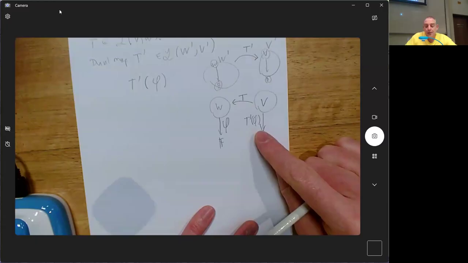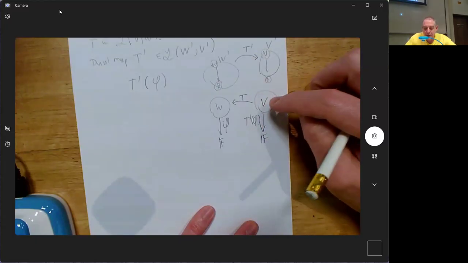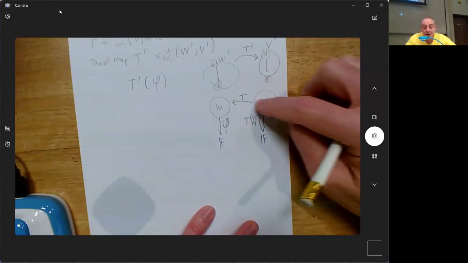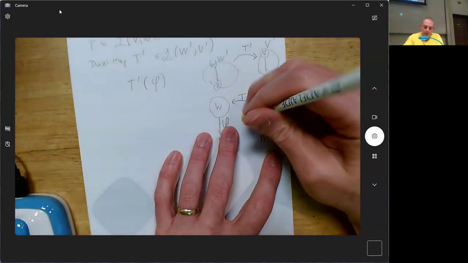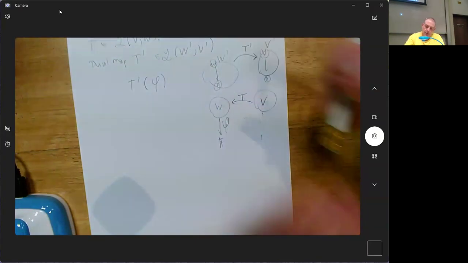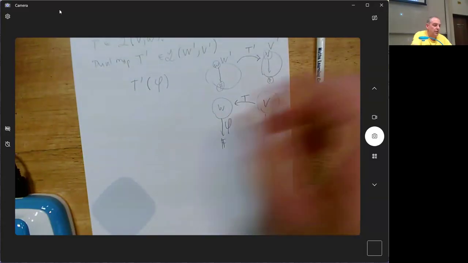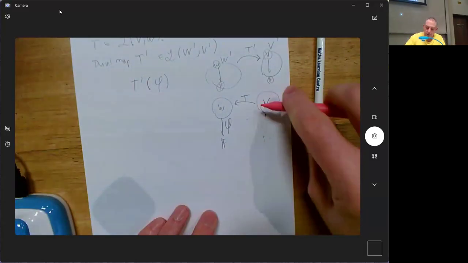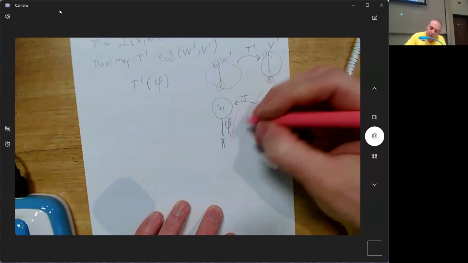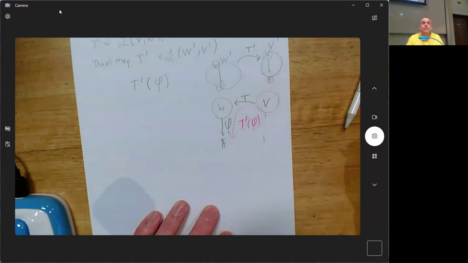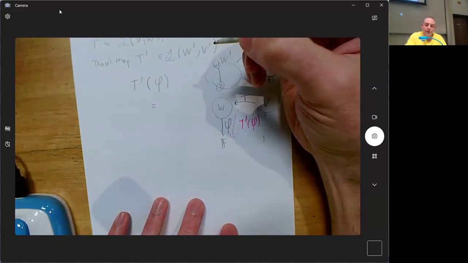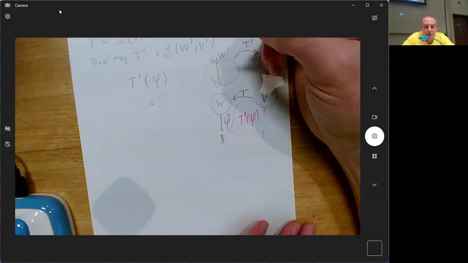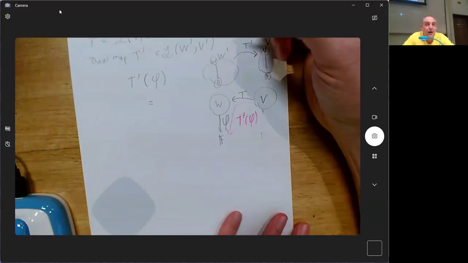Here we go. I have a way to get from V to F by going T first and then phi. So that entire journey is what T dashed of phi is. T dashed of phi is the function that does T first and then phi.